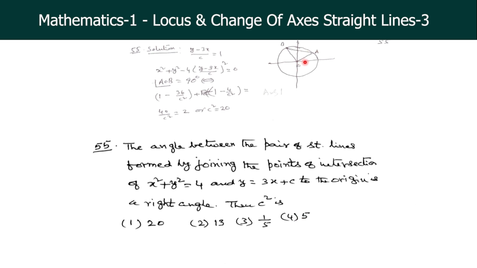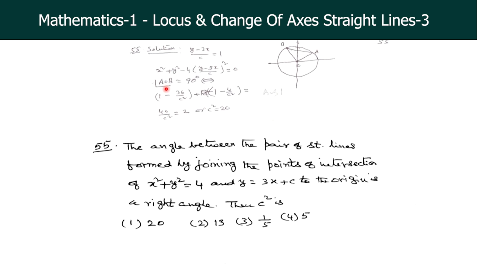Suppose the line y is equal to 3x plus c meets the circle x square plus y square is equal to 4 in A and B. So that means y minus 3x by c is equal to 1. Now homogenizing the circle equation with the straight line equation, the combined equation of the lines OA and OB is x square plus y square minus 4 into y minus 3x by c whole square equal to 0.